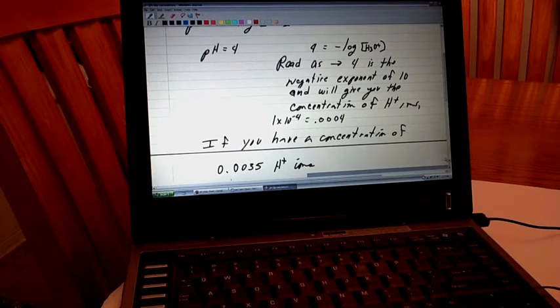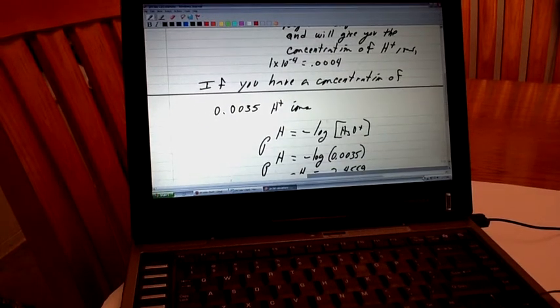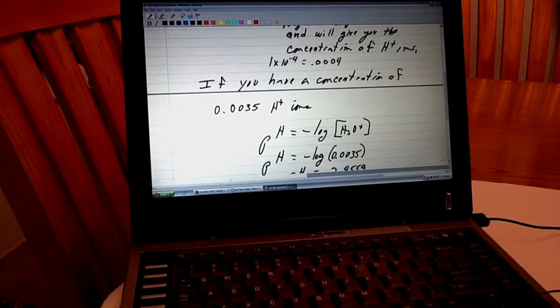You can go the other way. If you have a concentration of hydrogen or hydronium ions, they are identical. Let's suppose you have a concentration in a solution of 0.0035 hydrogen ions or hydronium. Then the pH is the negative log of the concentration of hydronium.